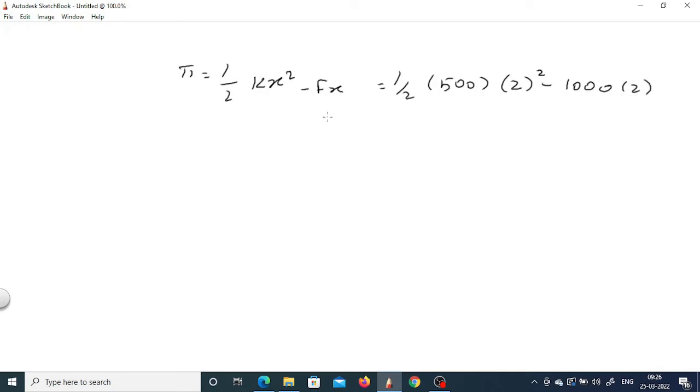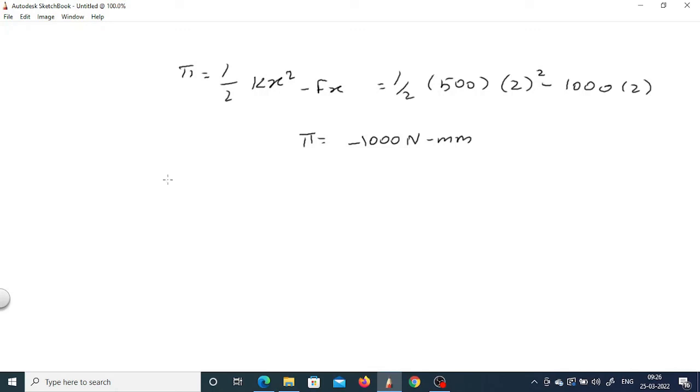If I solve the steps, I get the total potential energy, which can be written as minus 1000 Newton millimeter, the total potential energy we got from the spring problem.